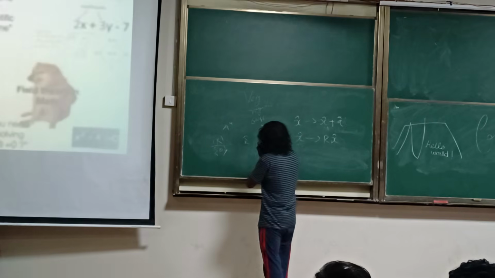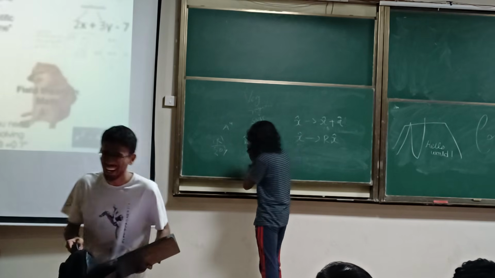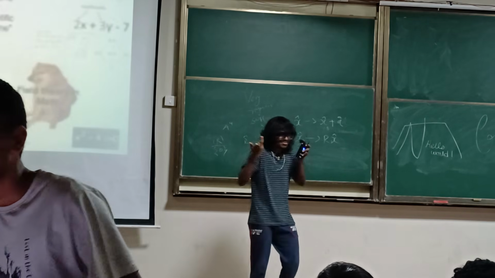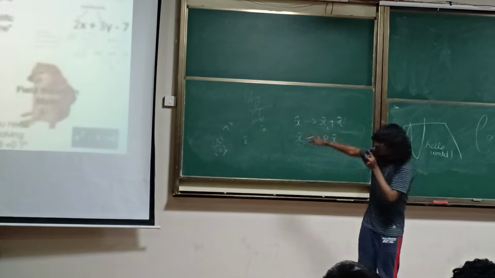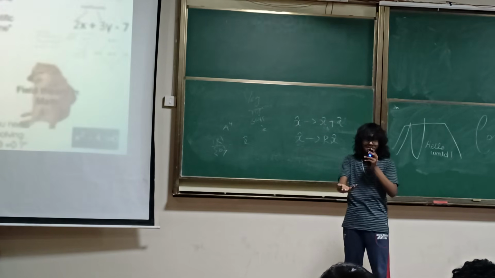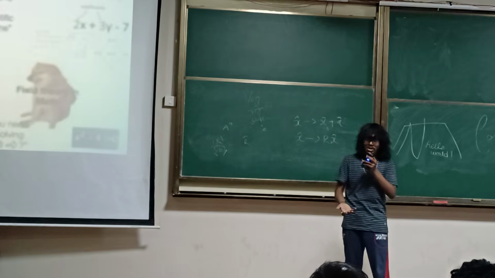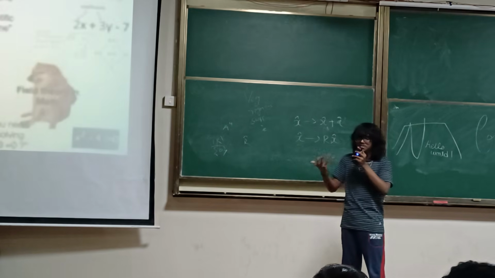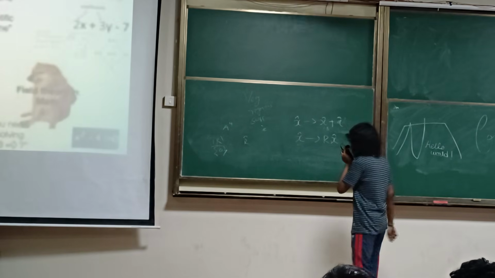What it does is it preserves my 2 norm, which is Pythagoras theorem. Done. So this is one symmetry that I have, which in layman terms says the orientation in which I conduct my experiments doesn't matter. Fine.